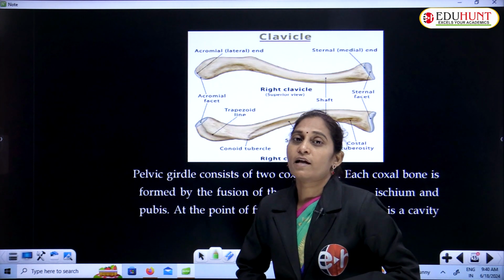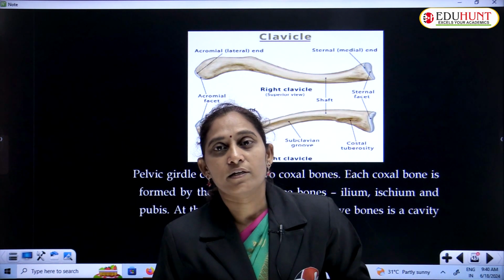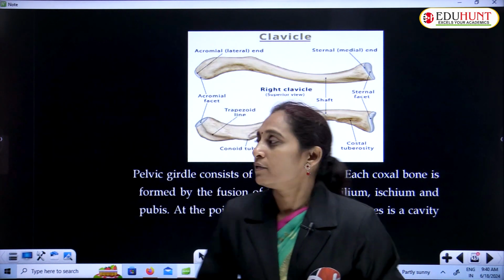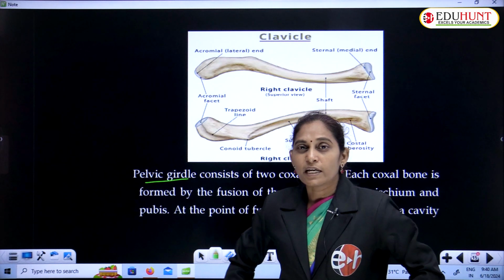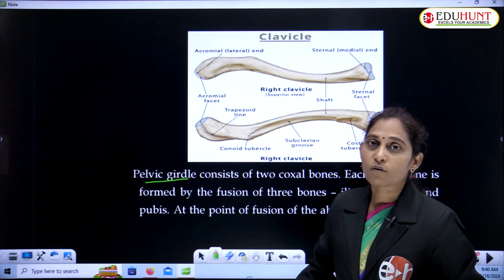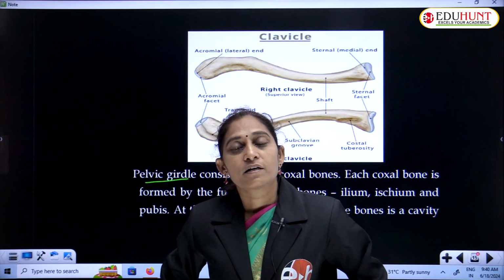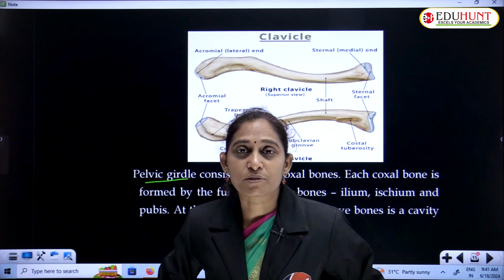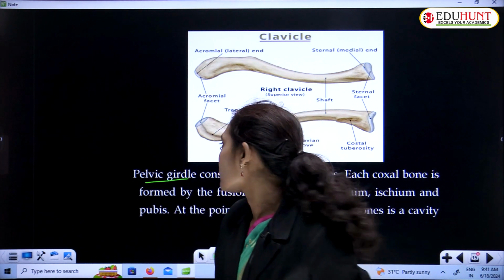As we have seen, the pectoral girdle is made up of two bones, the clavicle and the scapula. Here the pelvic girdle is present at the hip region, the lower region of the human being, and it helps in articulation of the hind limbs.